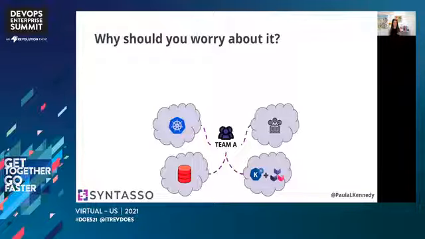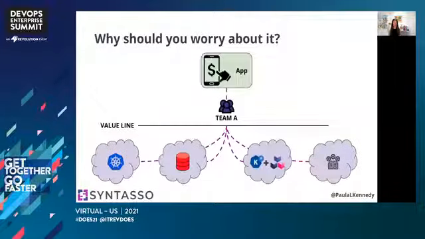Now, as my old colleague James Waters used to say, the application team should be focused on delivering business value above the value line. The value line can be defined as separating what's core to your business versus what you can and should outsource. In this case, what is the core specialism of this application team? What should they be focused on instead of also trying to wire all of these infrastructure elements together?